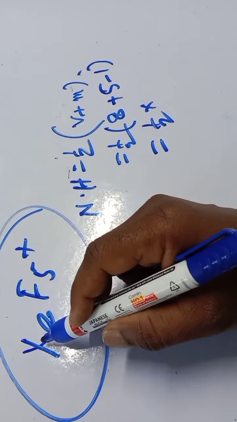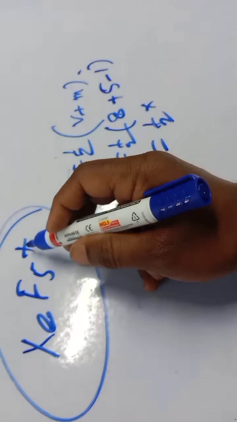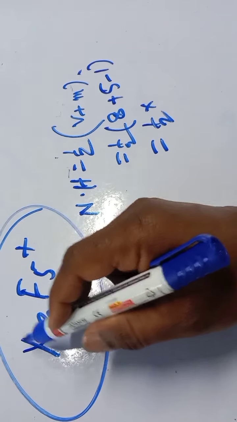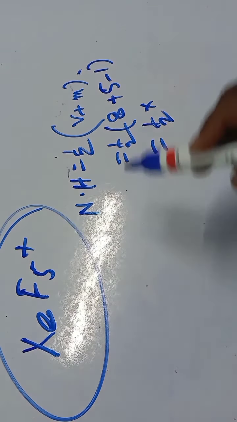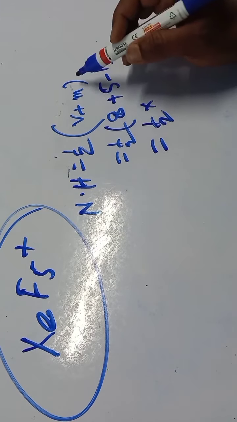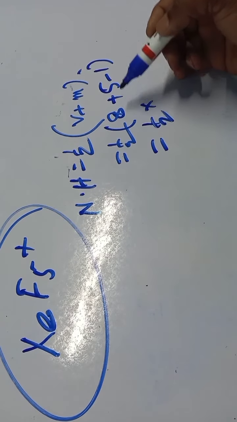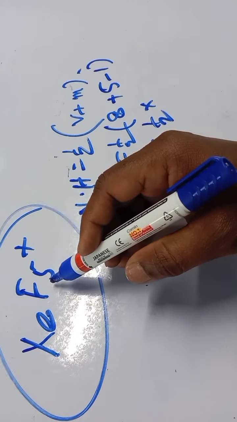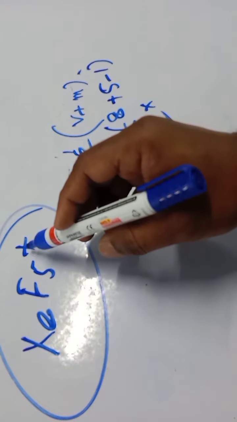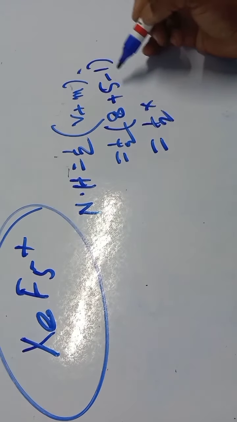For this particle, XeF5 plus, xenon is in the inert gas group, group 18, so the valence electron is 8. Na is equal to half into V plus M: half 8 plus 5, the number of monovalent atoms attached to the central atom, 5, charge positive 1, that is minus 1.